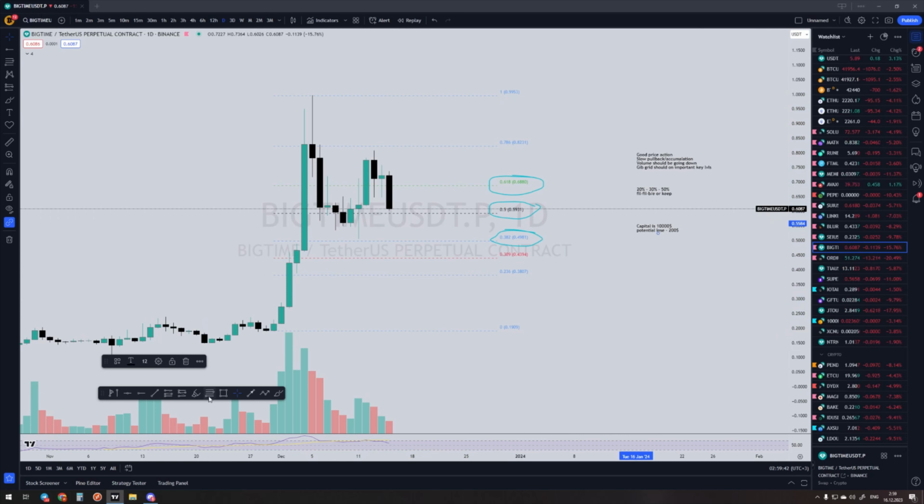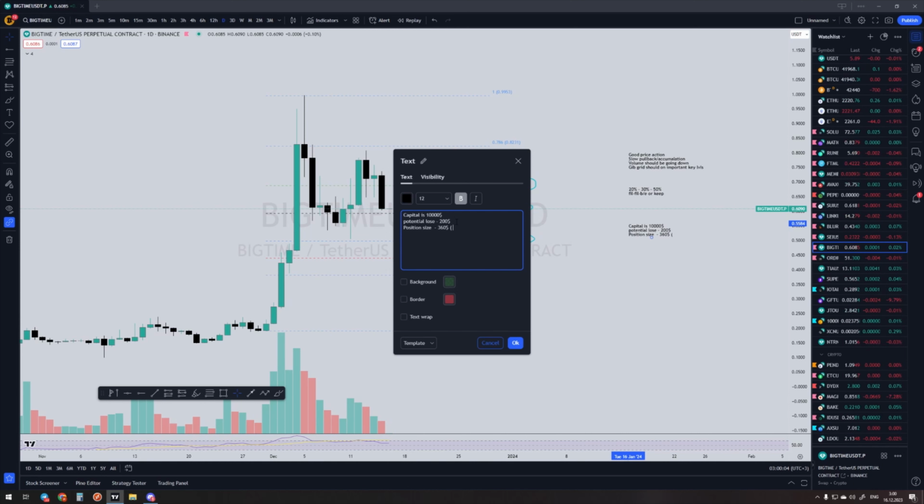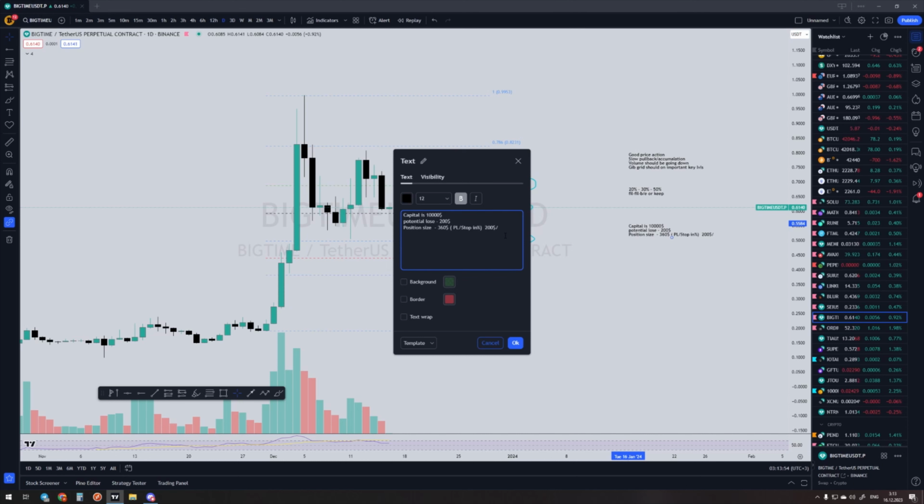My position size is $360. How to calculate it: you use your potential loss, for example $200, and divide your potential loss by the average stop in percent.